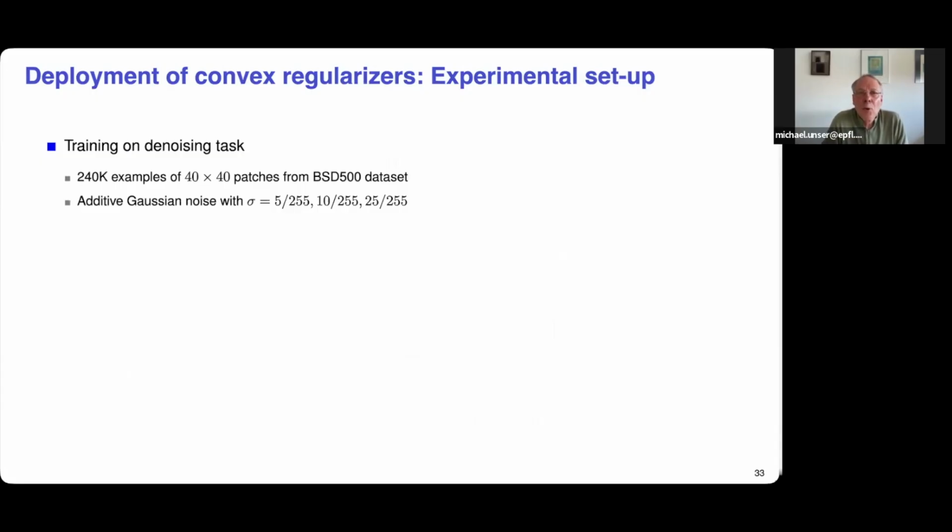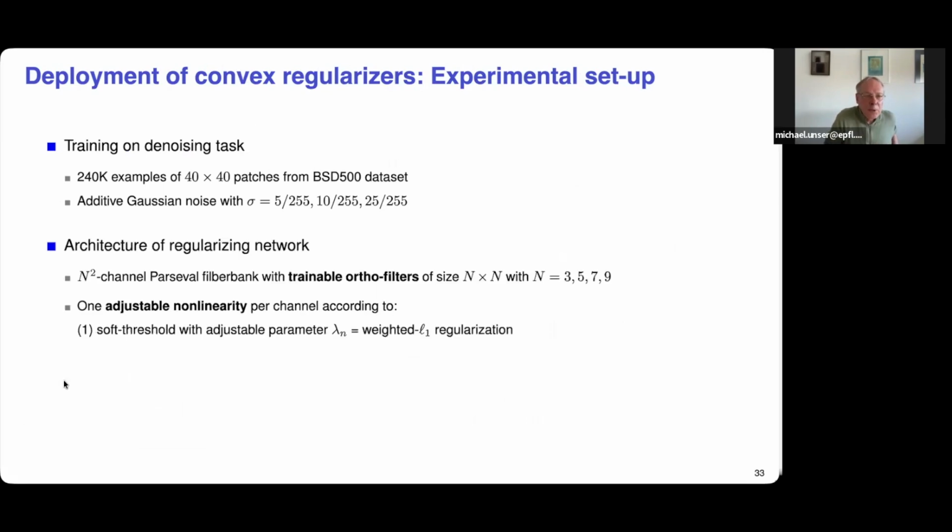So how do we deploy those convex regularizers? We will train them on denoising, and this is very easy, and we will take natural images and put more or less noise. And what is the architecture of the regularization network? We will use here an n-square channel Parseval filter bank, and this is very nice because such a filter bank is just parameterized by an orthomatrix.